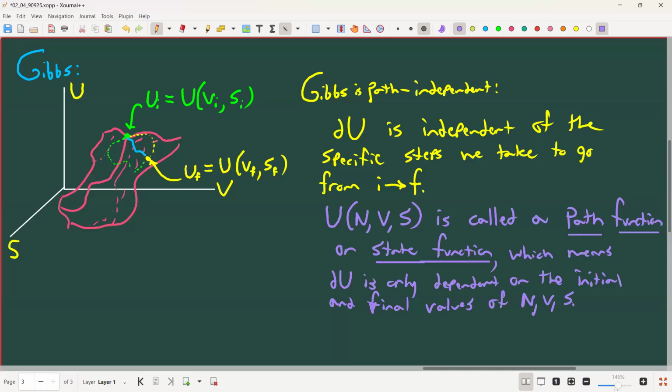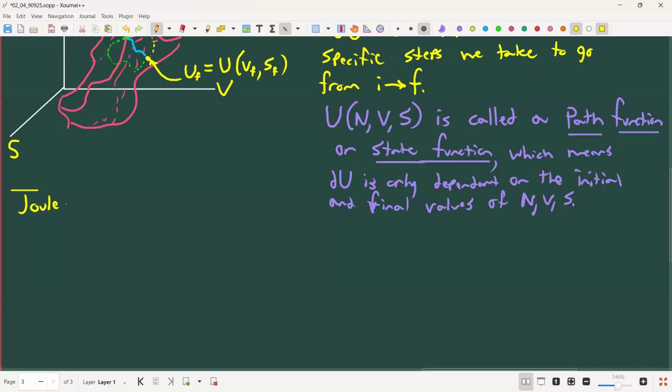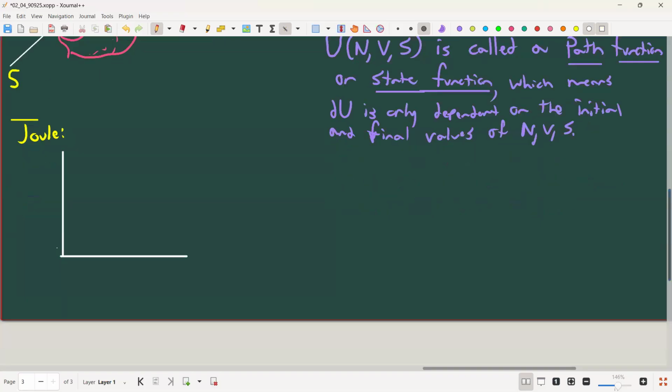So these parameters get mixed up and jumbled up into a complicated morass when you work with work and heat. And so what Joule has, in Joule's perspective, is a different function, but he plots it the same way. His function is a function of work and heat, and the output is energy.